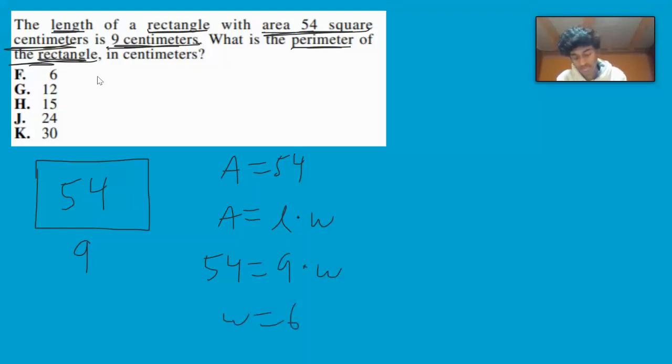This missing side length is 6. This is 9, and this is 6. To find the perimeter of the rectangle, we can just add up all the side lengths: 6 plus 9 plus 6 plus 9 gets us a total perimeter of 30 centimeters. So our answer is K.